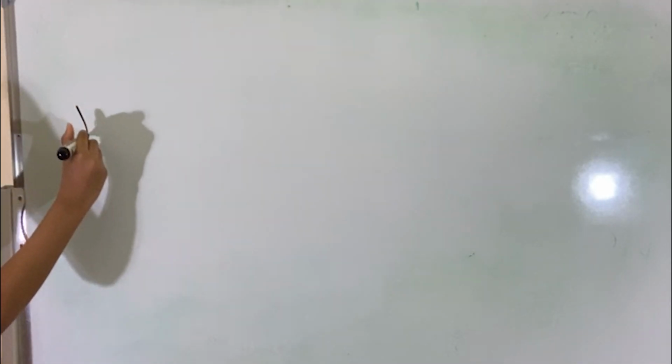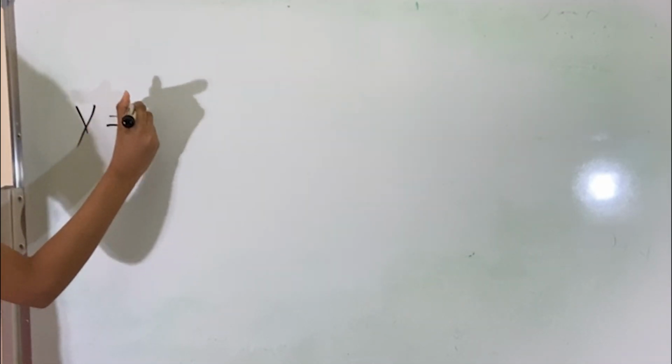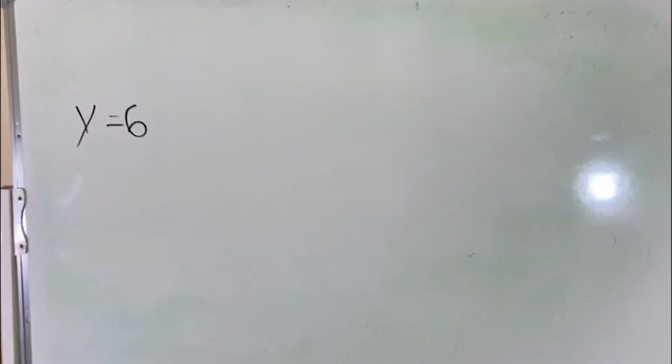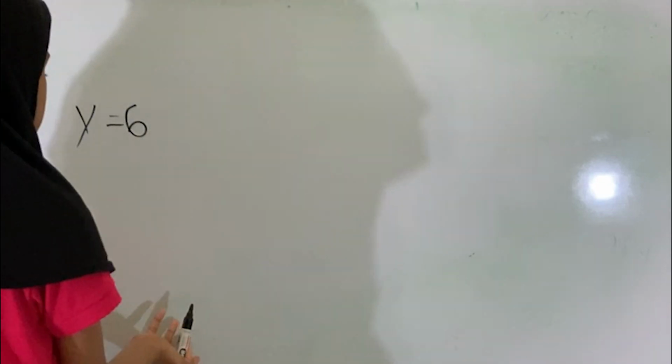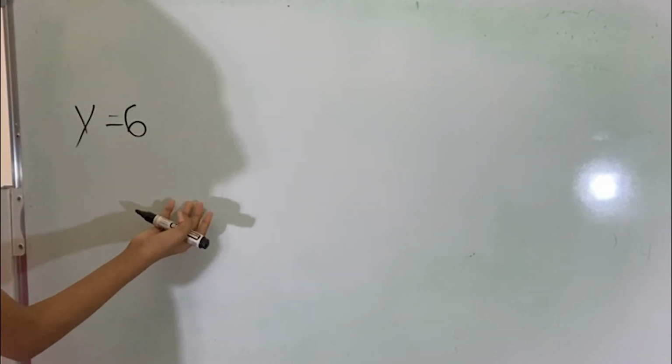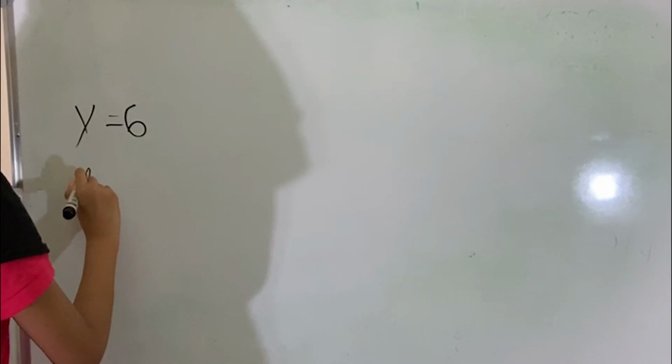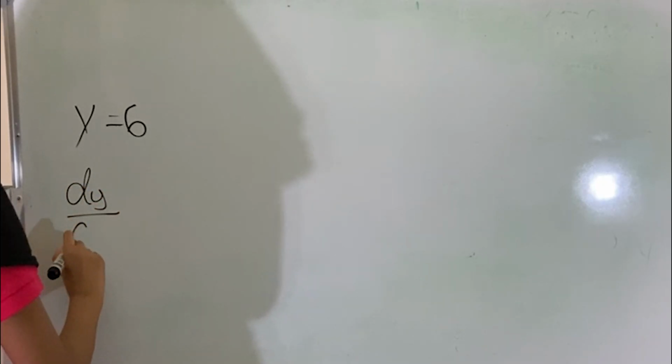Here, just for example, y is equal to 6. So how do we differentiate y is equal to 6? 6 is a constant. Because 6 is a constant, the answer is going to be 0.